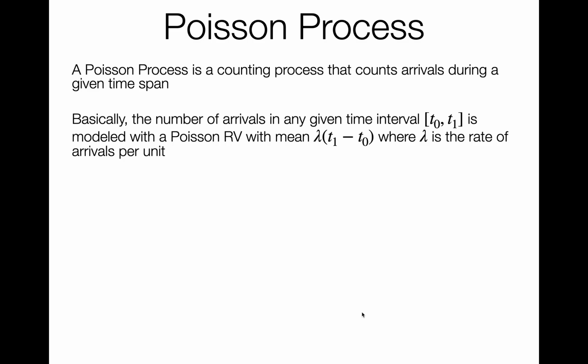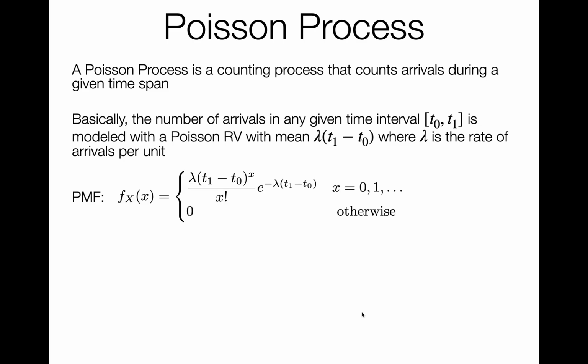Here's the PMF, and it's just the PMF of the Poisson distribution, but now with lambda times t1 minus t naught. So it's got that difference in the mean.